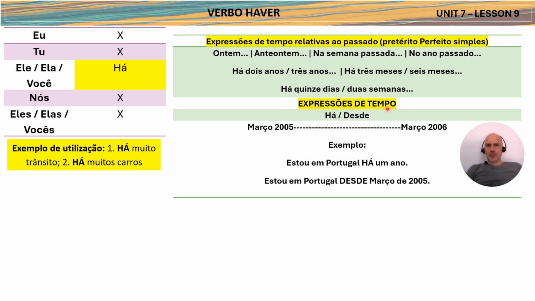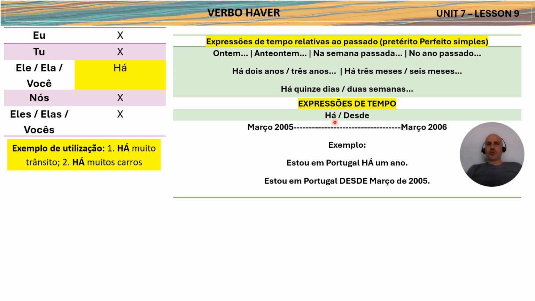So we have expressões de tempo, so time expressions, and we have há once again. And now I'm going to tell you that when you use há as a time expression, there are only two possibilities. Either the translation will be ago, like I was in Italy 2 years ago, and in a few seconds or minutes, you will see one or two examples with me.